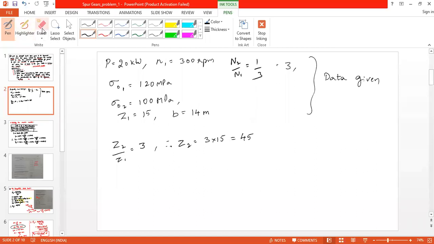Sorry, n1 by n2 is 3. So Z2 by Z1 is 3. Sigma O1 and sigma O2 are the static stresses for the pinion and gear.